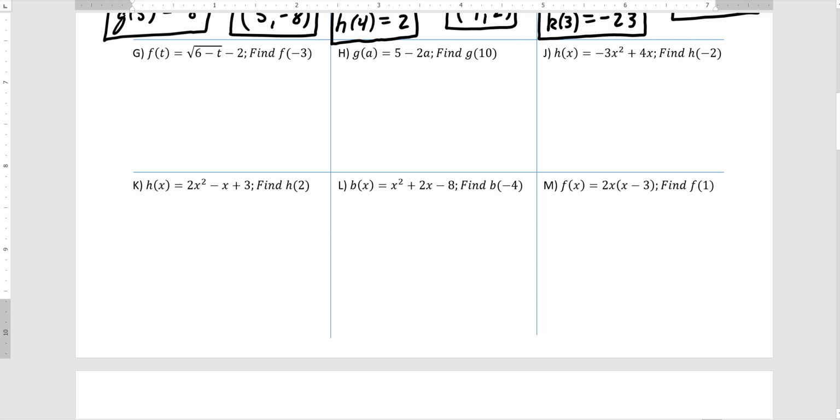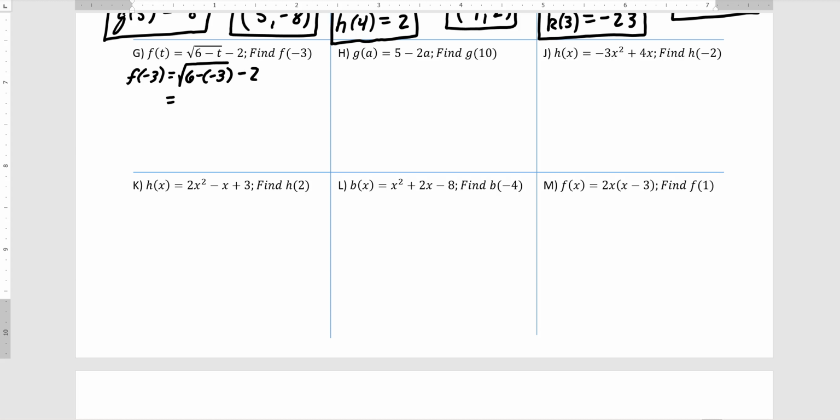All right, let's go ahead and see how we did here. Looking at letter G, f of t equals the square root of 6 minus t, all minus 2. And I want to find f of negative 3. So f of negative 3 equals the square root of 6 minus negative 3, minus 2. Now if I'm subtracting a negative, I'm really adding, right?